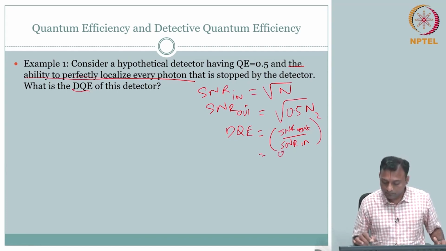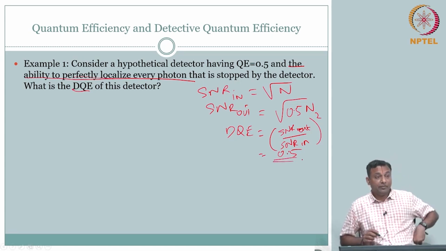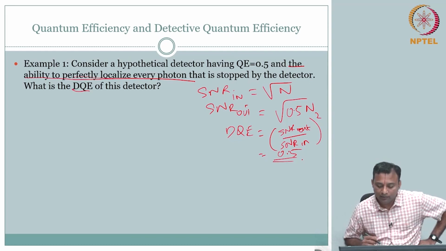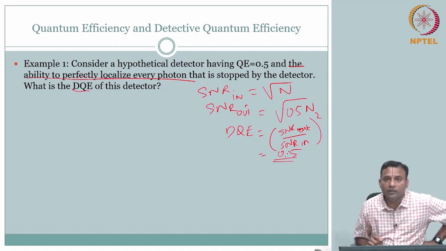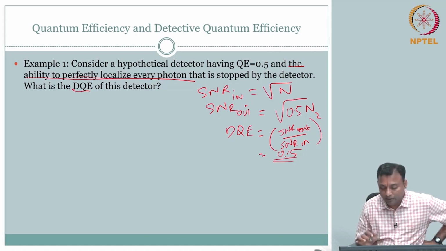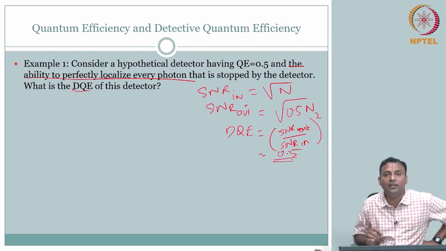You are going to get 0.5. What does it say? We talked about DQE being less than or equal to QE, less than or equal to 1. What did we find out? Here is a case where your DQE and QE are the same. Of course, they both are less than 1 because QE is less than 1.